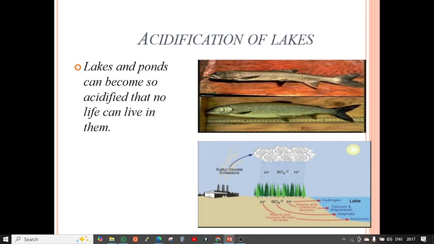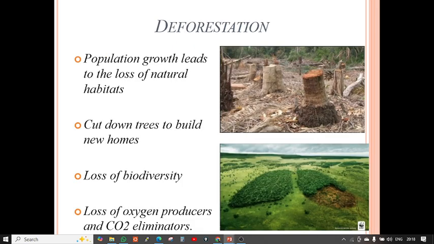The pollution created by humans can severely affect first the vegetation as well as different kinds of organisms, and indirectly, whenever we depend on this vegetation and other foods or other organisms, we are also affected directly or indirectly. So whatever we are doing, we have to face the consequences. So this acidification of lakes becomes so severe that no other life can live in this acid. So this is one relation or consequence.